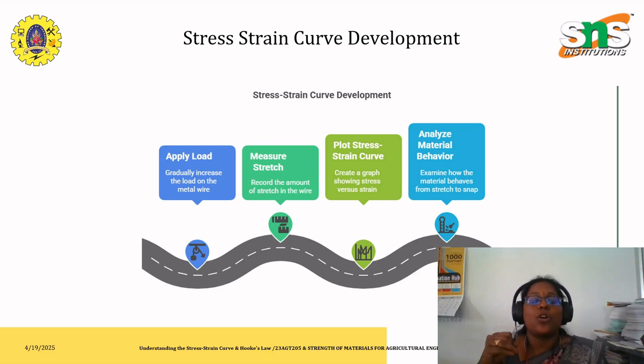After which you create a graph showing how the stress and the strain behave and plot them as a stress strain curve. Now we can analyze the material behavior from stretch to snap with the help of the plotted graph. So this is how we can develop the stress strain curve.